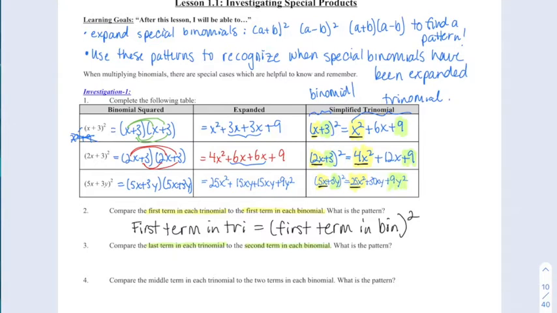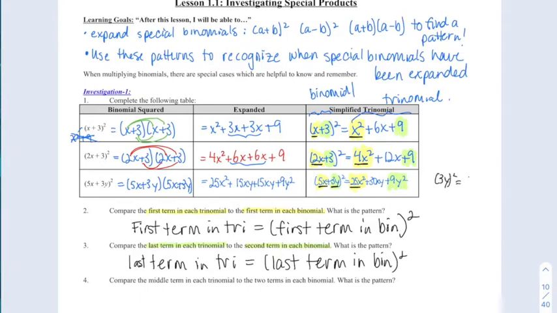The last term in each trinomial is equal to the last term in the binomial raised to the power of 2. So that works for the last one as well. We have 3y raised to the power of 2. 3y to the power of 2 is equal to 9y squared.